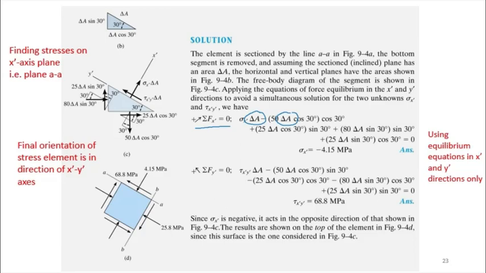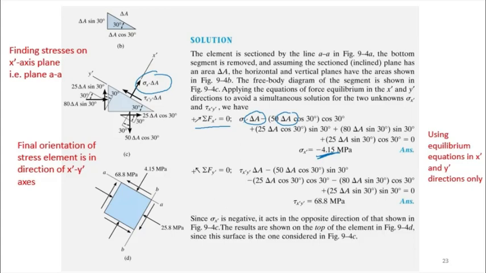Okay, so finally from this equation you can cancel out delta A, because every term has delta A. So don't worry about delta A. Okay, so from this equation you can find that sigma x prime for the first diagram will give you minus 4.15. Minus 4.15 tells you that it is compressive, because we are assuming in the first place it is tensile, right?